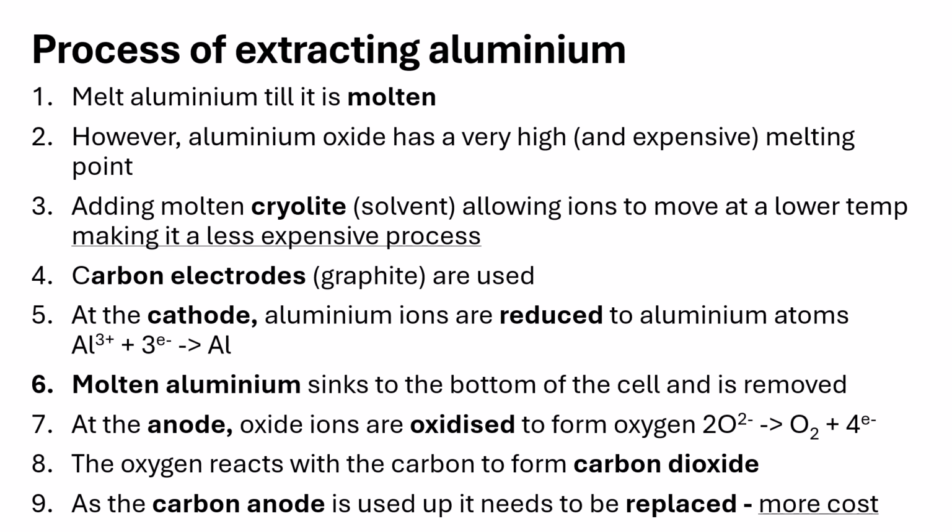But that oxygen will react with the carbon on the anode, and as a consequence we get carbon dioxide. But for that reason we have to go back and replace that carbon anode on a regular basis, because the carbon is being used up and lost as carbon dioxide, which again increases the cost of extracting aluminium.